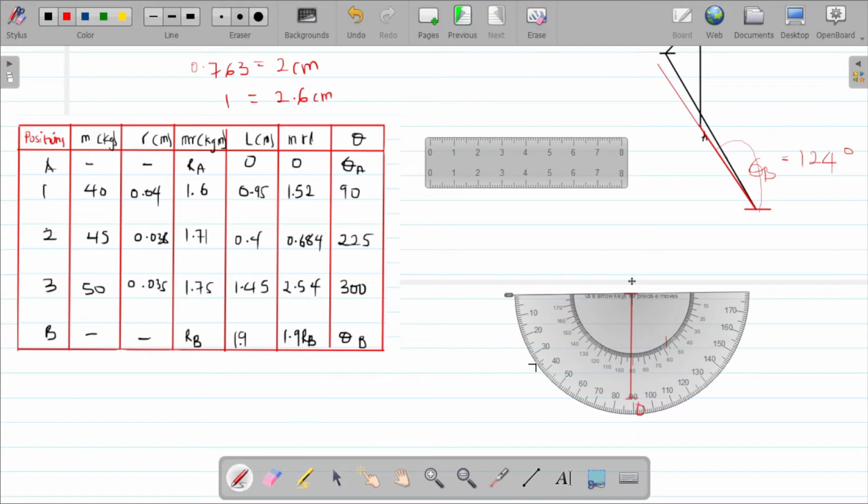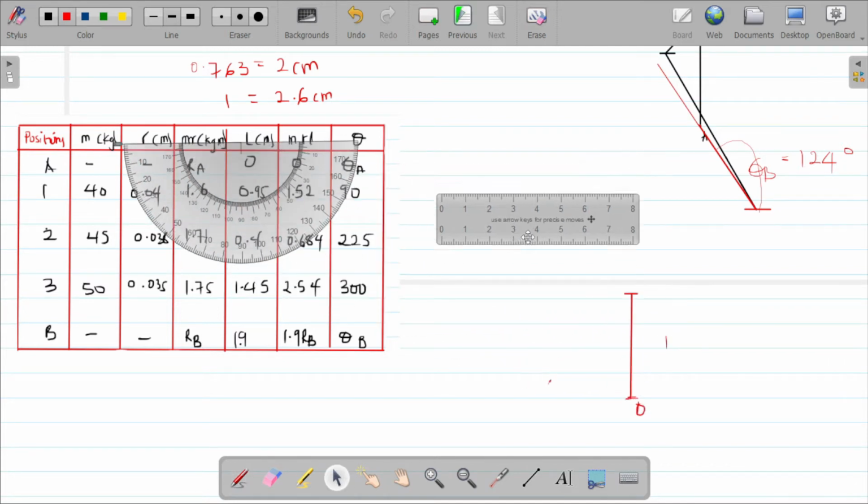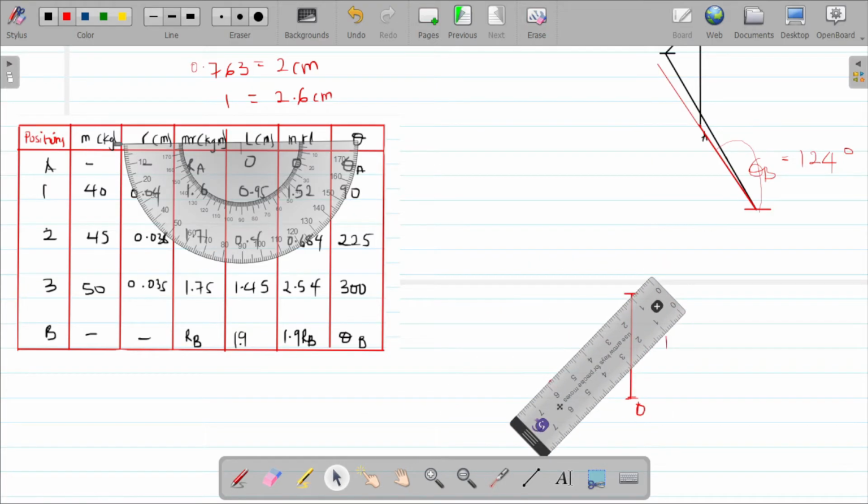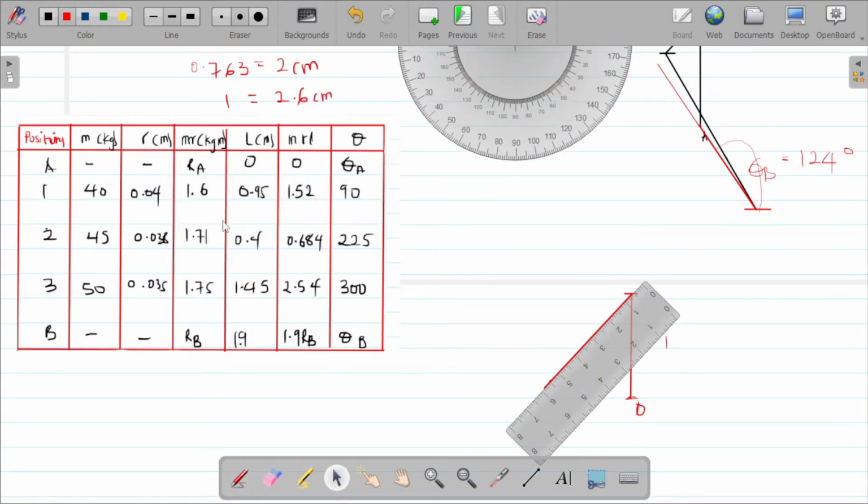Okay, so 45 will be here. And the magnitude, we have 1.71, which is 4.4.